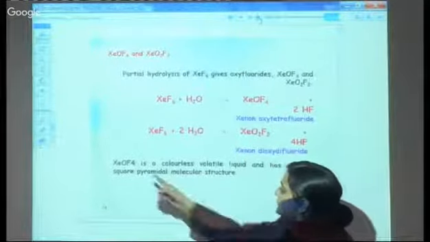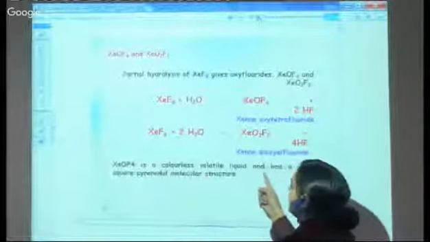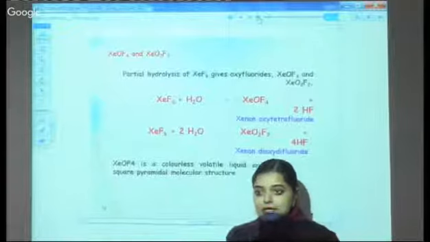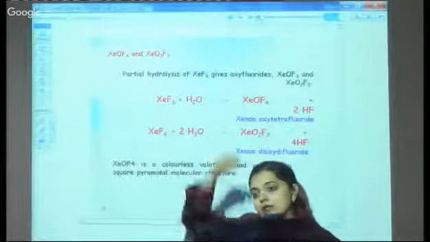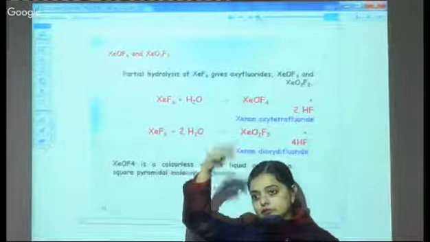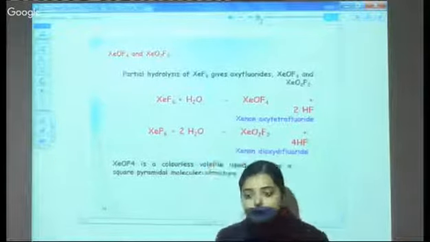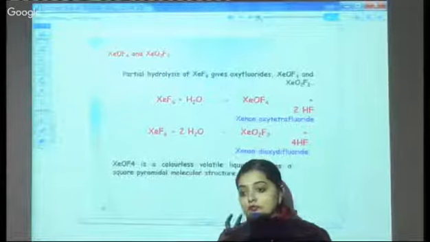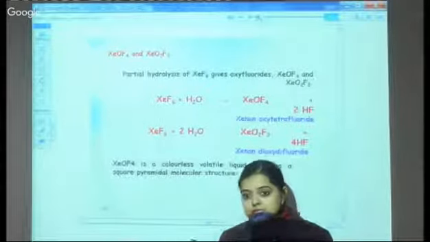Fine. So XeOF4 is a colorless volatile liquid and has a square pyramidal molecule, because 4 will be in plane. 1 will be above, oxygen with 2 bonds. Is there no need of any lone pair, because of 2 bonds, or will there be? Tell me.